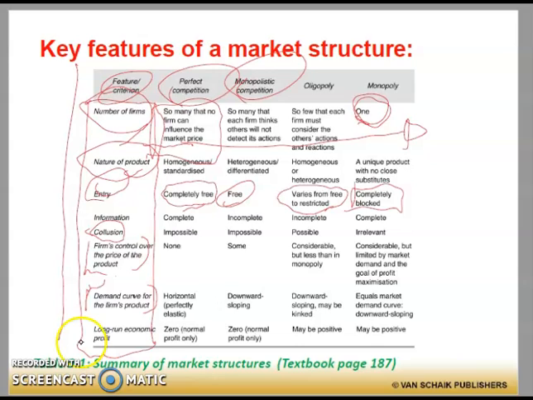The last criterion, which is the long run economic profit, basically looks at the possibility of earning an economic profit in the long run. As we move through this chapter and the next, we're going to see that perfectly competitive firms do not earn any economic profit in the long run, as you can see here.